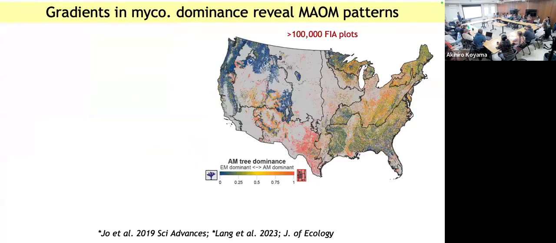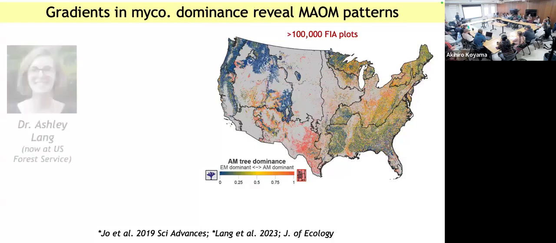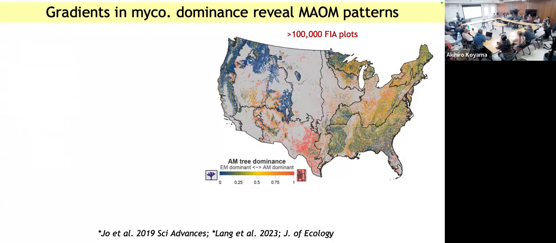Now, we wanted to look at what this means. We wanted to investigate more sites. So let me just walk you through this. This is not just a nice color-coded map. This is the AM tree dominance of the United States, based on the US Forest Service, which has about 100,000 of these forest inventory plots.